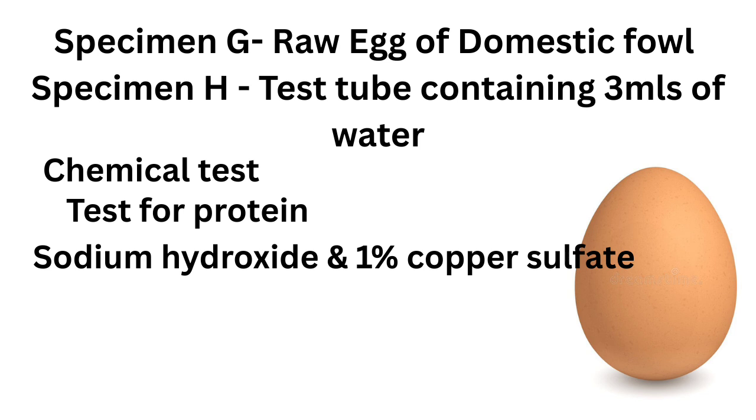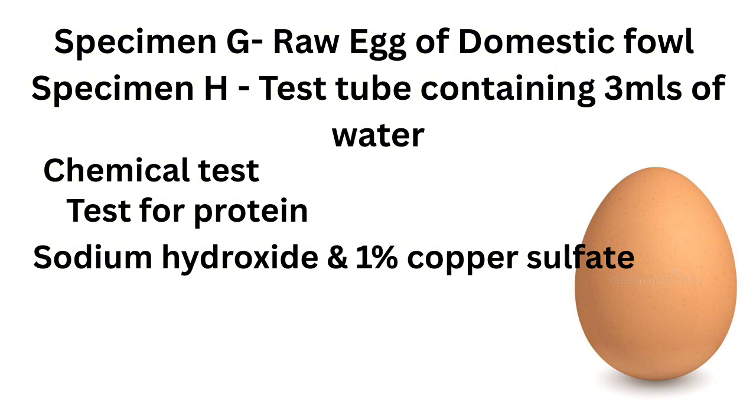You will be asked to put some drops of sodium hydroxide in both test tubes, that's the test tube containing the water and the one containing the albumin. You'll also be asked to put some drops of copper sulfate in both test tubes, and to record the color changes, to record your results in your table.